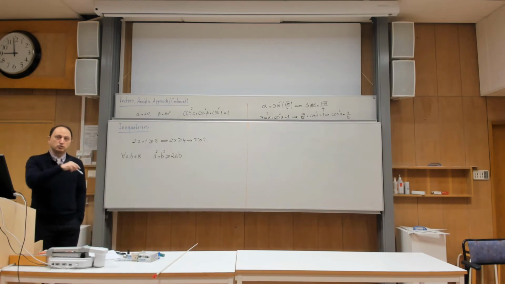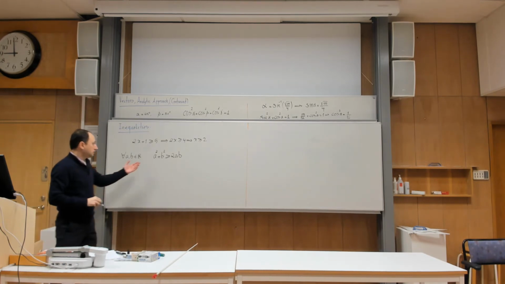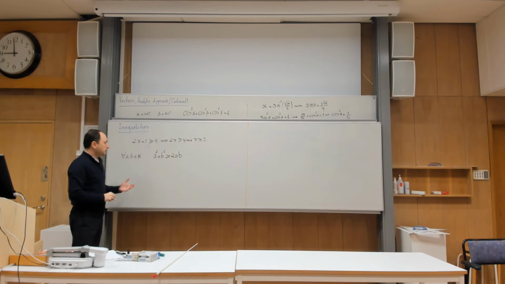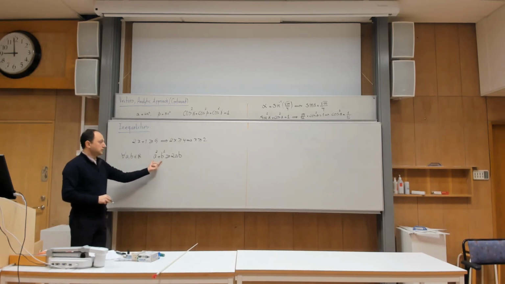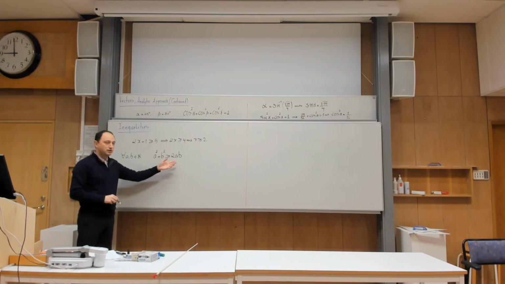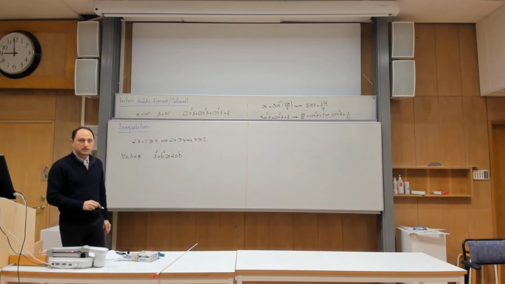I'm not asking you to solve this inequality. I'm claiming that this inequality holds regardless of your choices for a and b. In other words, any number that you choose for a and b, this is always greater than or at least equal to 2ab. It cannot be less than 2ab.